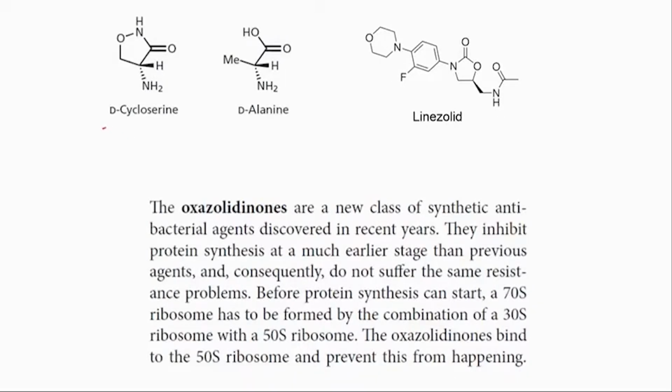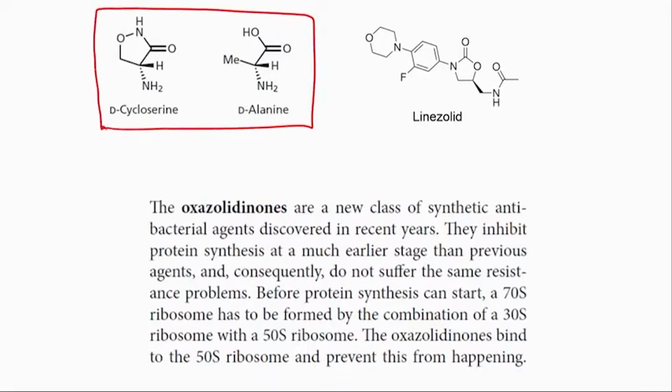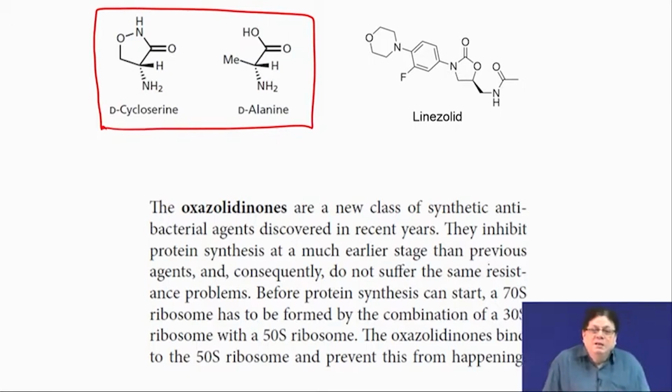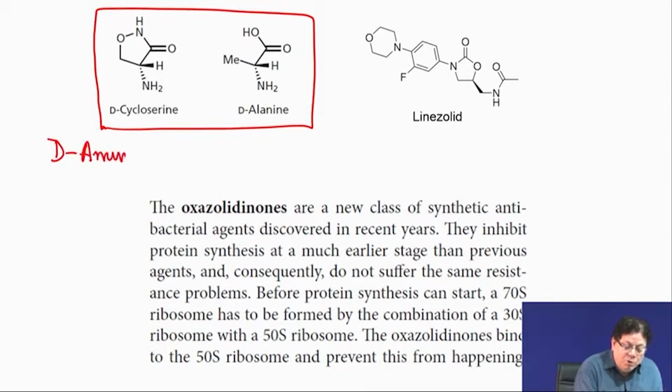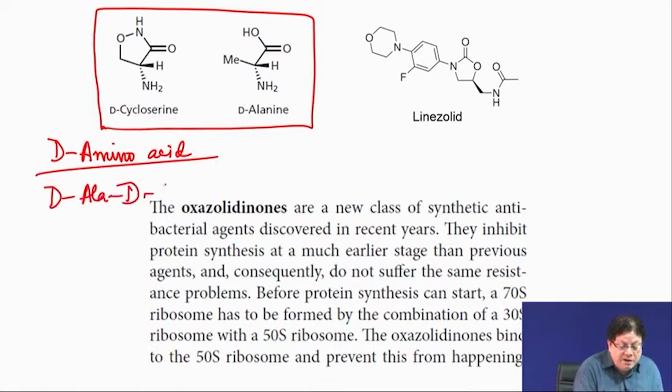The first thing, of course, that we raised at that time, is that in cell wall biosynthesis you require D-amino acids like D-glutamic acid or D-alanine. D-alanine is very important for cell wall biosynthesis.